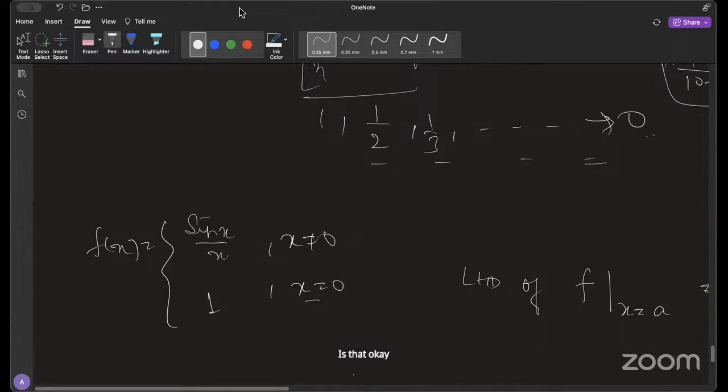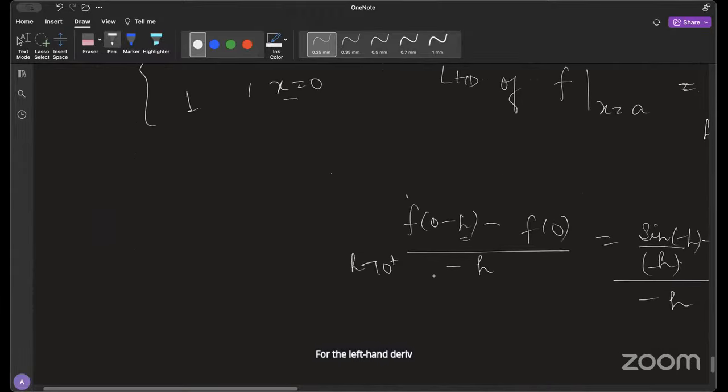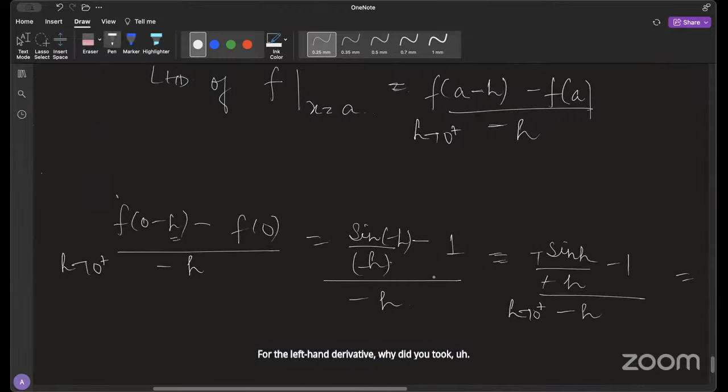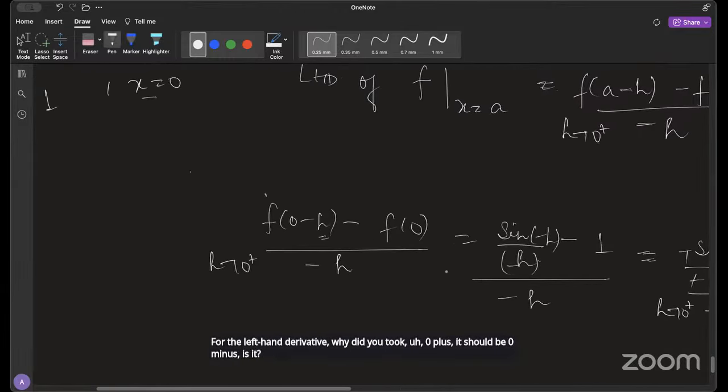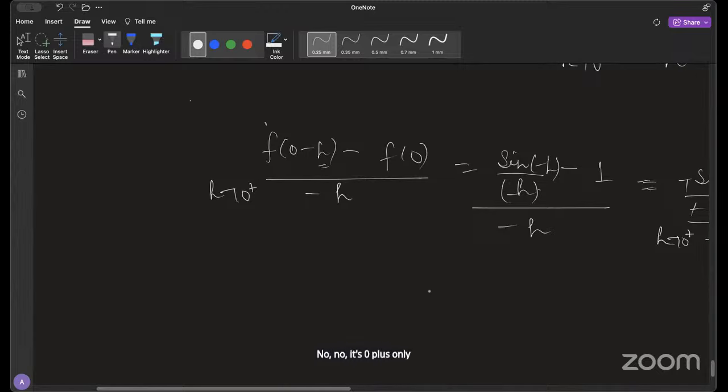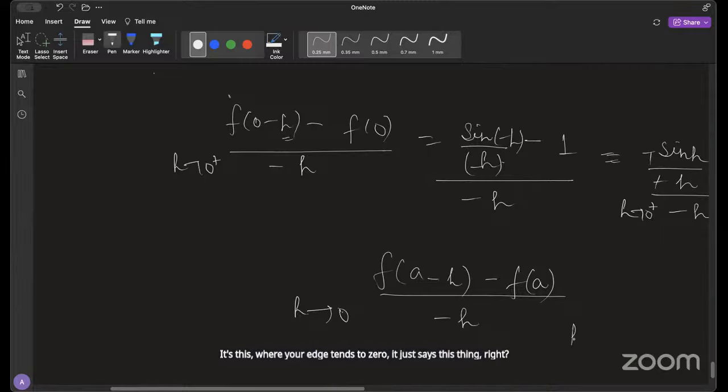Is that okay? But for the left-hand derivative, why did you take 0 plus? It should be 0 minus, is it? No, it's 0 plus only. The definition says this: where your h tends to 0. But it mentions that your h is greater than 0.